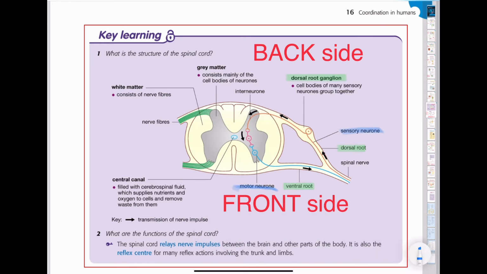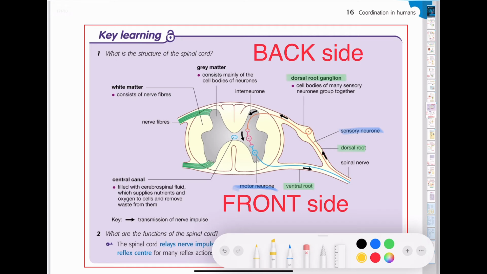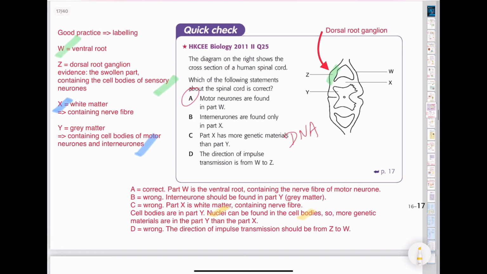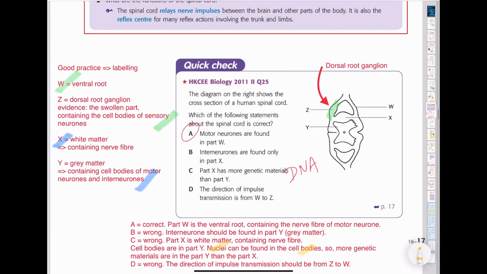So for the direction, the clear idea is that the nerve impulses travel from the sensory neuron in the dorsal root and then go into part Y, that means the inner part of the spinal cord, and then travel to the ventral root, which contains the motor neuron. So the direction should be from the back side to the front side. Okay, so that's why it should be from Z to W instead of from W to Z. So that's why answer A is the correct answer.